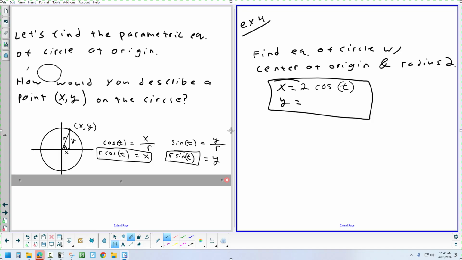And what about your formula for y? 2 sine t. That's how you draw a circle. Now, in order for t to go through all the different values you could have, t would have to start at what number and stop at what number?